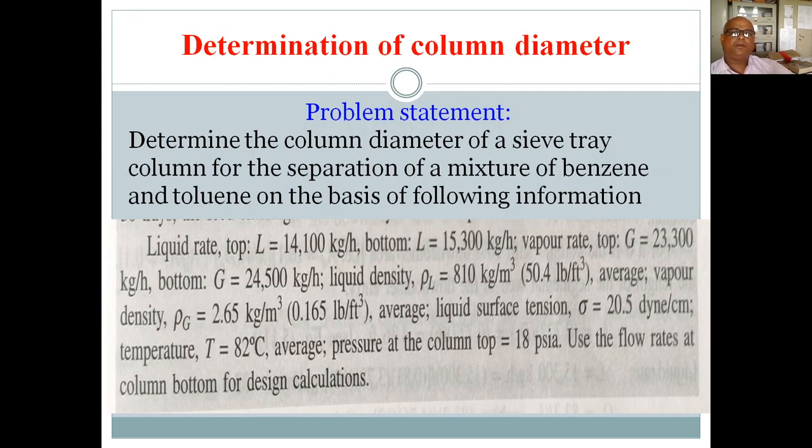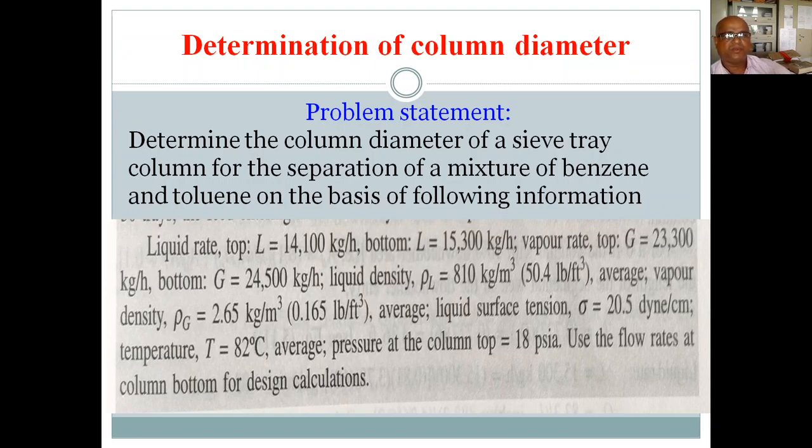So today we'll discuss the determination of column diameter, because last day I told you if you can determine the column diameter, then according to the column diameter, what will be the tray spacing?